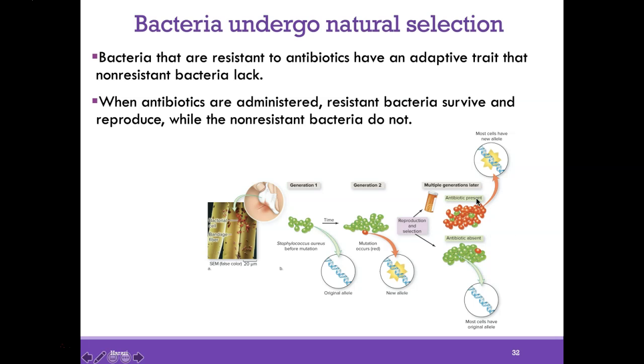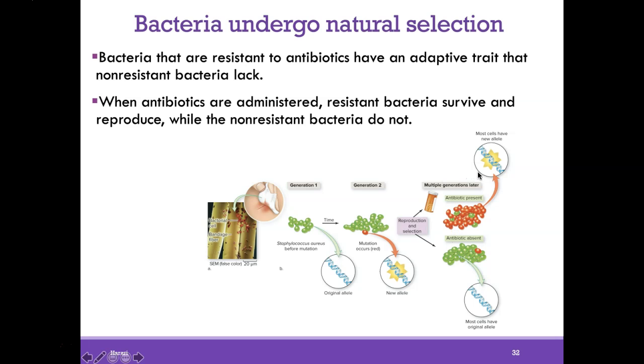This has a large allele frequency of the antibiotic resistance gene. This has no antibiotic resistance gene. So over generations, what is evolution? It's the change in allele frequency over multiple generations. So poof, this population of bacteria evolved.